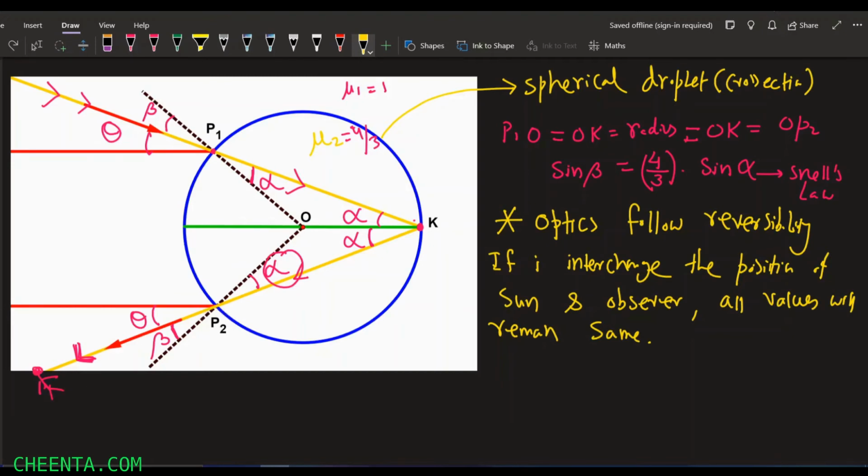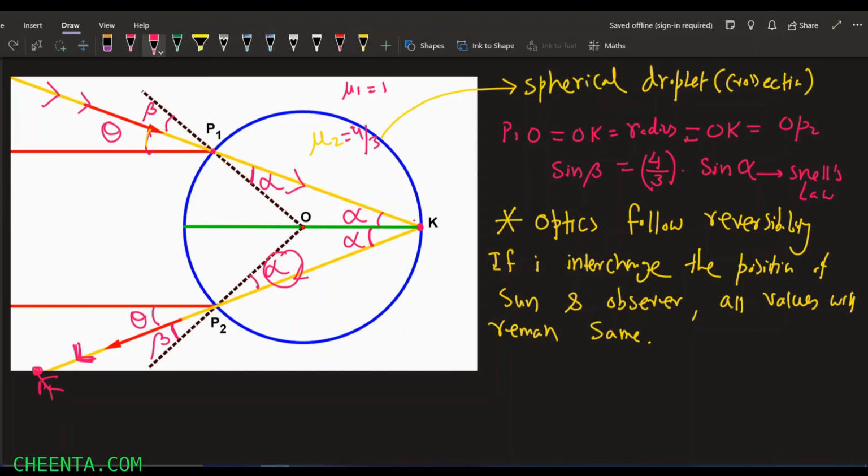I hope it is clear, and you could just use that theorem and say that this angle is theta, so from reversibility we know that this angle will also be theta, and no one can say anything to you because it is also correct.